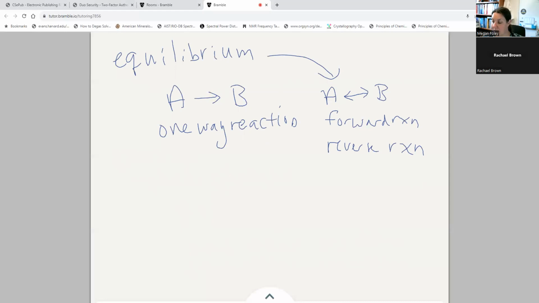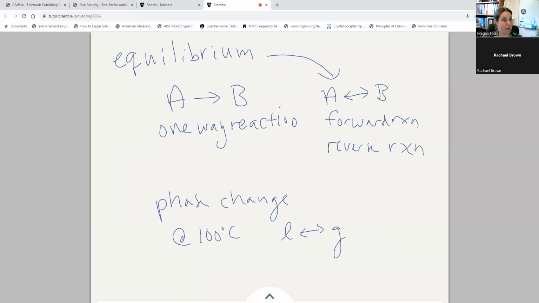The reason we do this is because when we're thinking about a phase change, if you're at 100 degrees Celsius, for instance, if you are exactly at 100 degrees Celsius, your liquid state is going to be in equilibrium with your gas state.